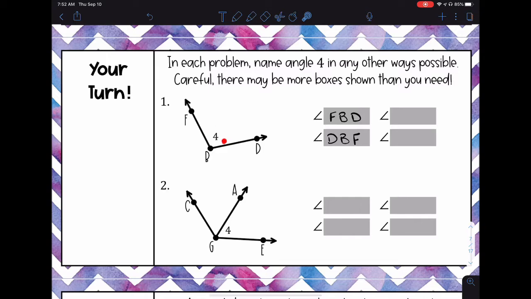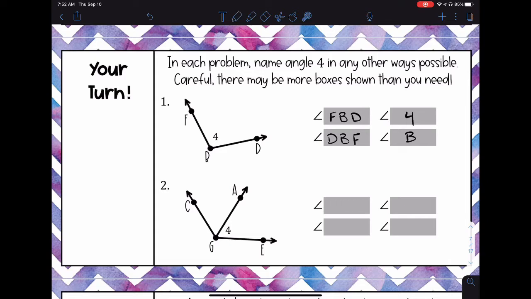Or you can name it angle 4. And the last one, since it's a single angle, not two of them put together, you can name it by just its vertex, angle B.